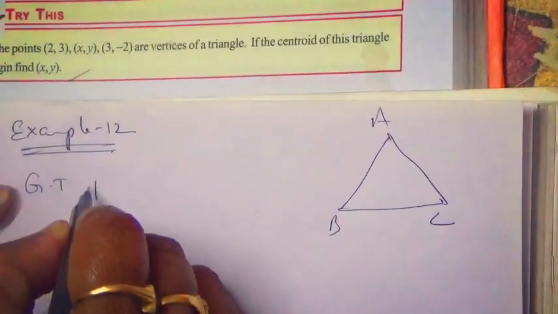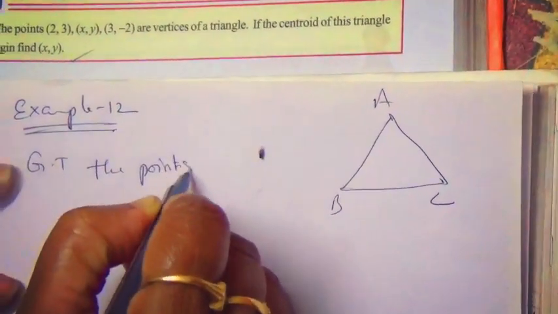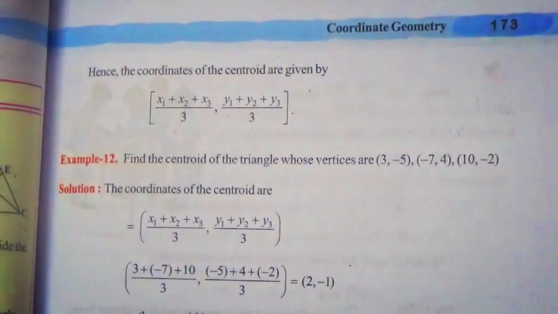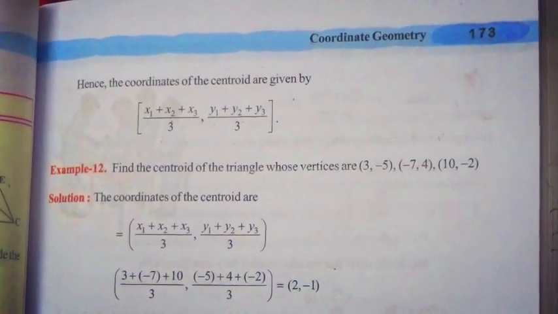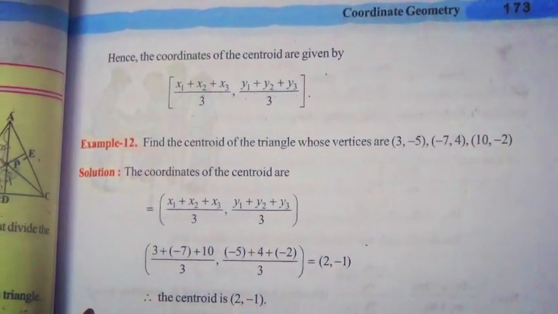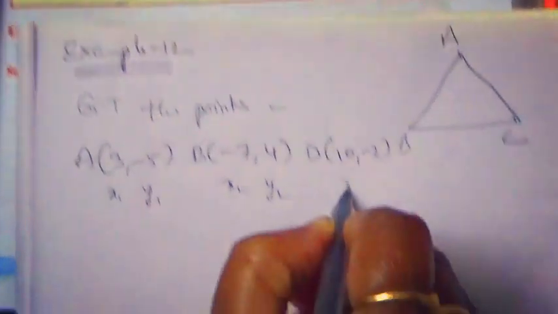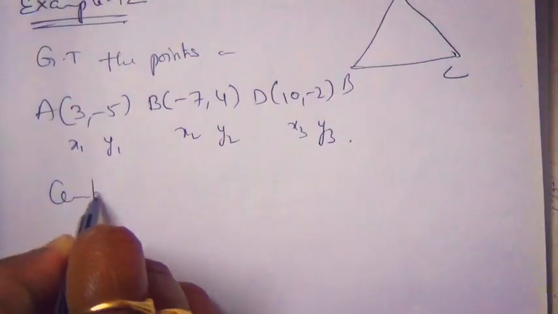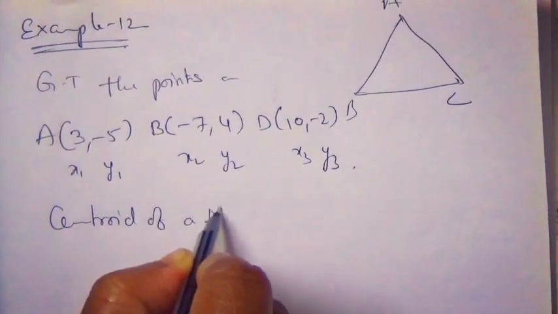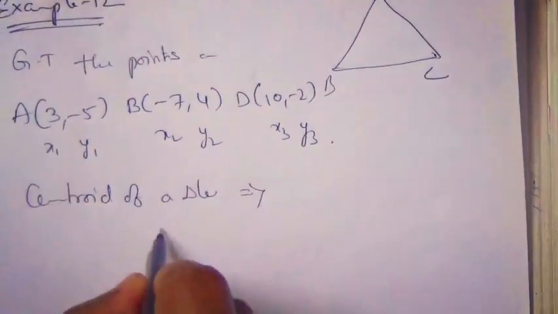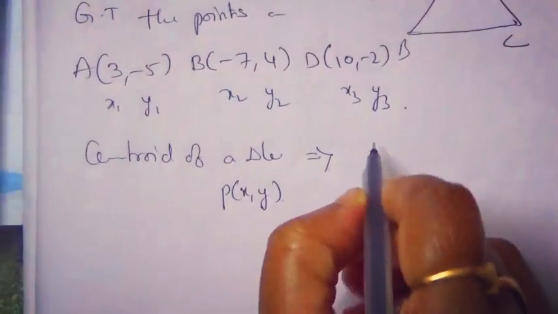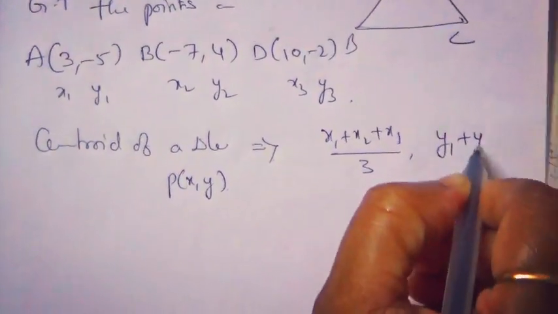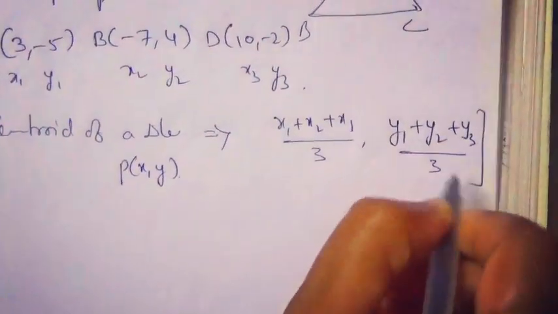Given that the points are A(3, minus 5), B(minus 7, 4), C(10, minus 2), taken as x1 y1, x2 y2, x3 y3. So what is the centroid of a triangle? The coordinates P(x, y) are x1 plus x2 plus x3 by 3 comma y1 plus y2 plus y3 by 3.